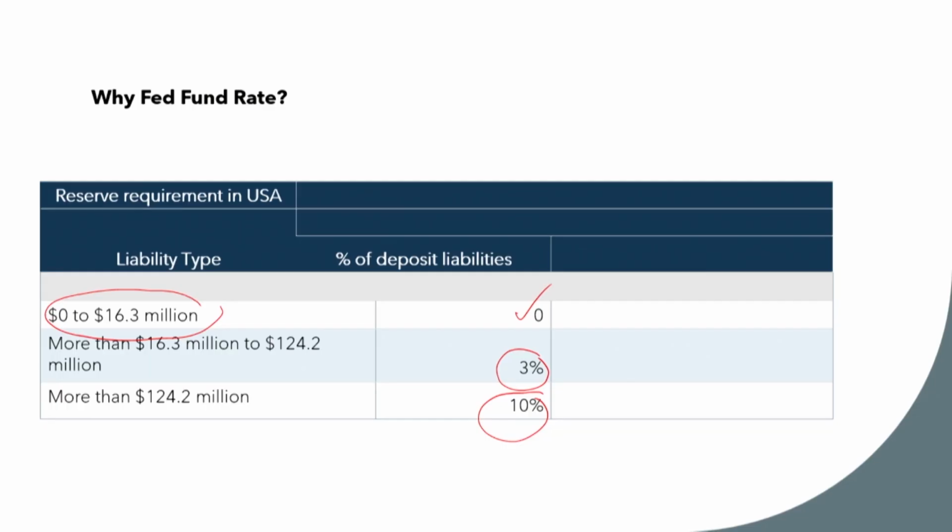Using the monetary policy tools, it influences the Fed fund rate, the rate at which banks transact with each other. It cannot determine the Fed fund rate. If someone says that the Fed decides the Fed fund rate, that is a wrong statement. It can only influence it using the tools.